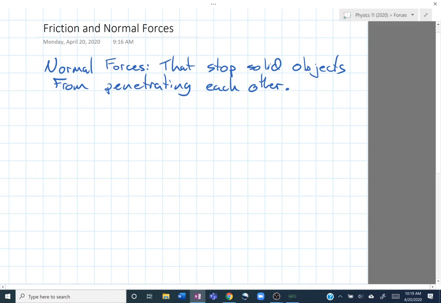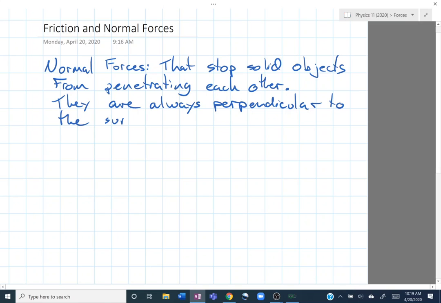The main rule for normal forces is they always are perpendicular to the surface. So in our gravity example, where you've got a floor or a chair or a table and something's sitting on it, the normal force would always be acting up on that object.